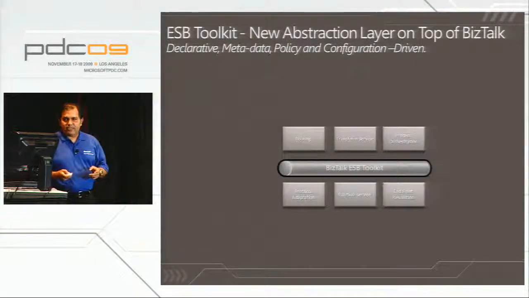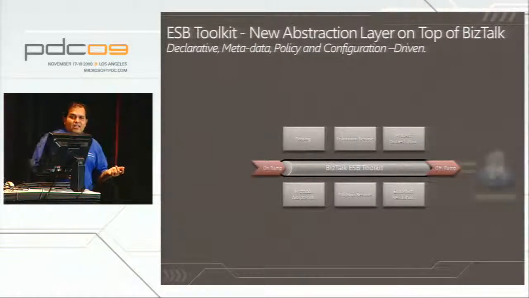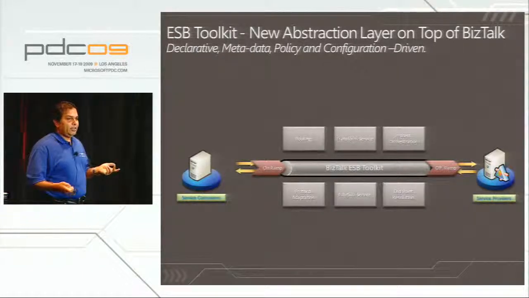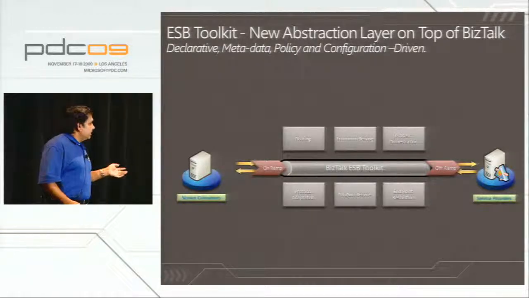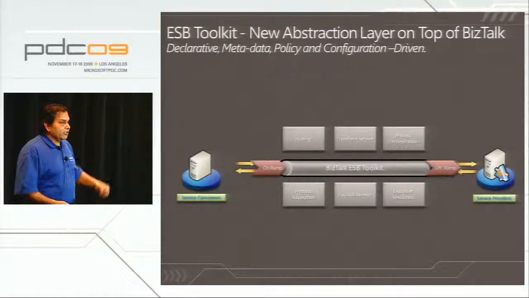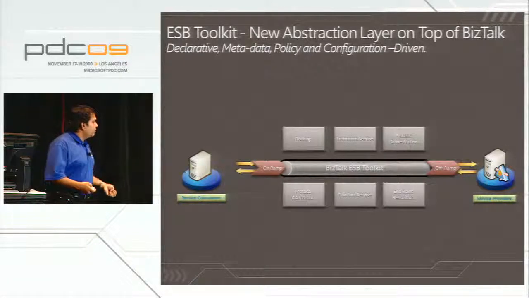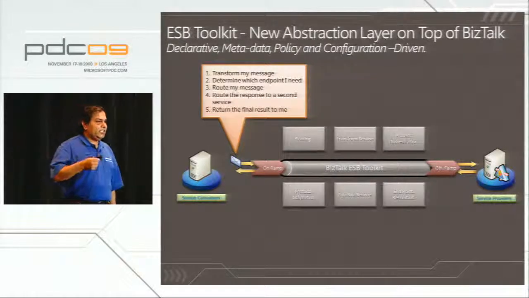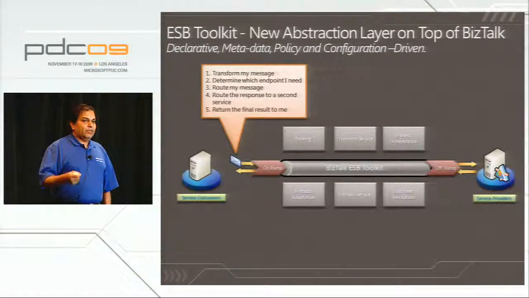So basically, if you think about it, what do we have in ESB Toolkit? We use the terms on-ramp and off-ramp. It's like receive port and send port. Usually the off-ramp side is the service provider, and the on-ramp side is the service requester or service consumer. When it sends the message, one of the key concepts in ESB Toolkit is the routing slip.